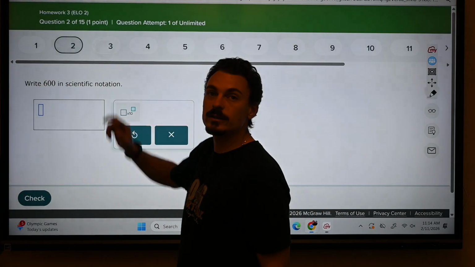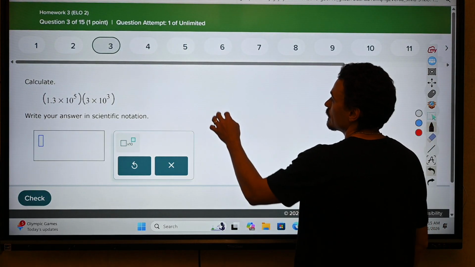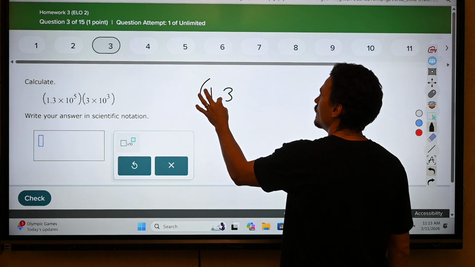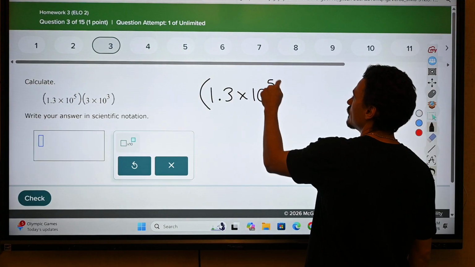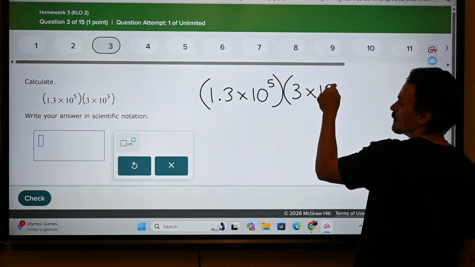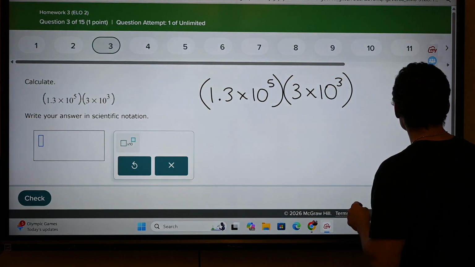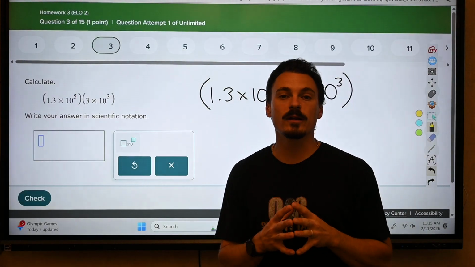Okay, moving on to number 3. So here I have 1.3 times 10 to the 5th, times 3 times 10 to the 3rd. If you watched the last video, we learned the product of powers rule.